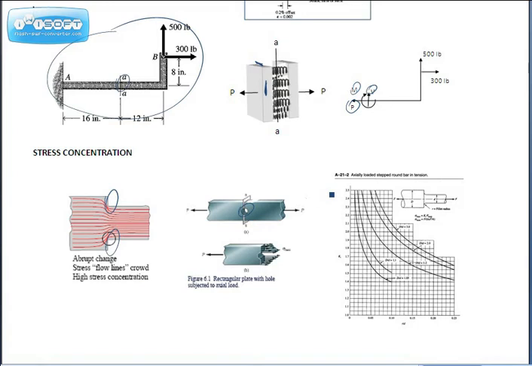The way we handle that is that we do the same calculation for our stress, but we use a stress concentration factor to multiply our stress by, to account for the increase in the stress that occurs at the edges of those discontinuities.